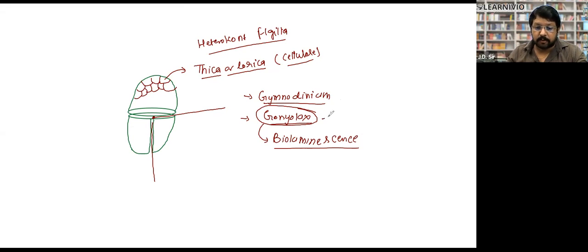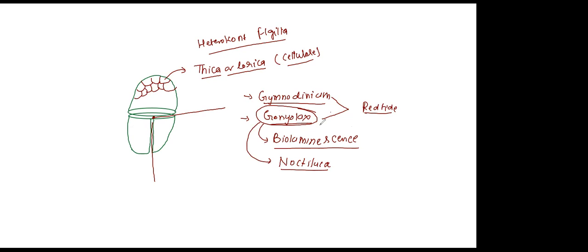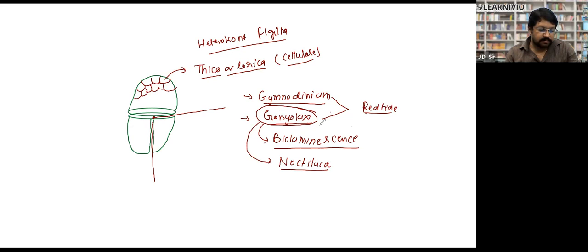Gonyaulax and Noctiluca are responsible for bioluminescence. Clear? Yes, sir. There are many forms responsible for it, but Gonyaulax is very important. Keep it in mind. Always remember two things: Gonyaulax and Gymnodinium.